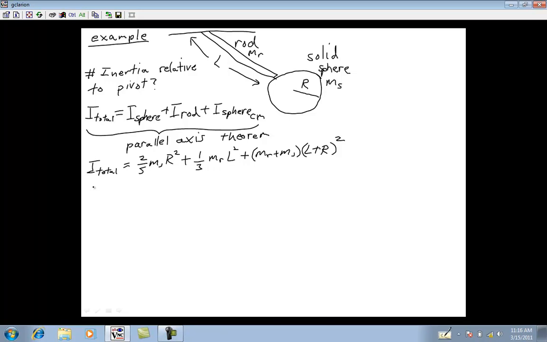Okay, I didn't label that. Question number 1, question number 2. What is the distance between the pivot and the center of mass of the entire pendulum?